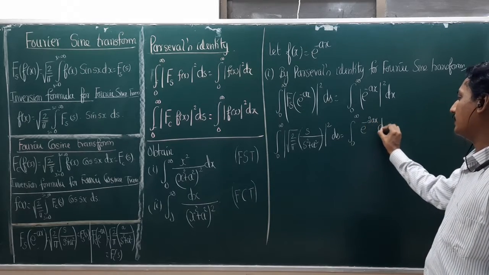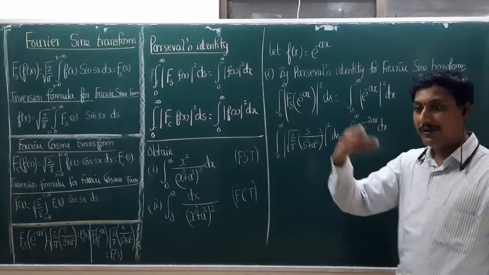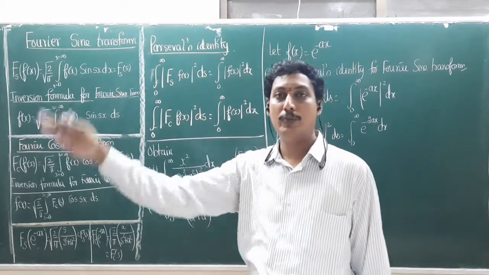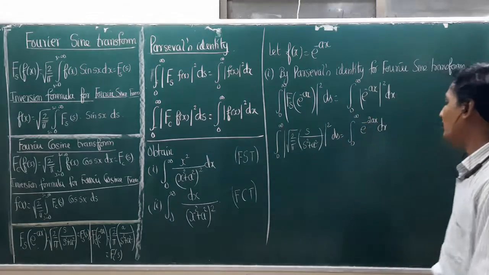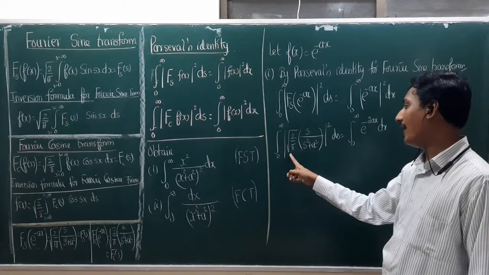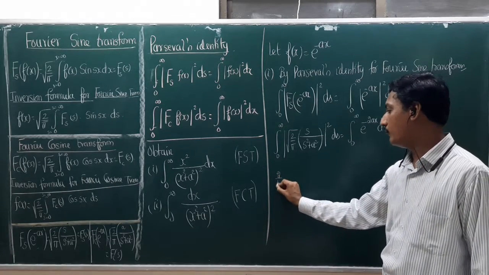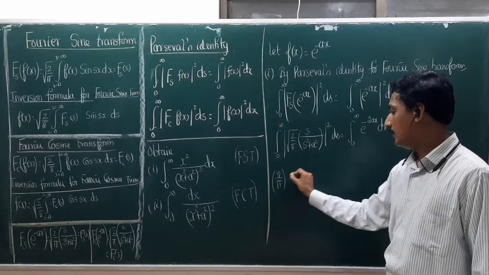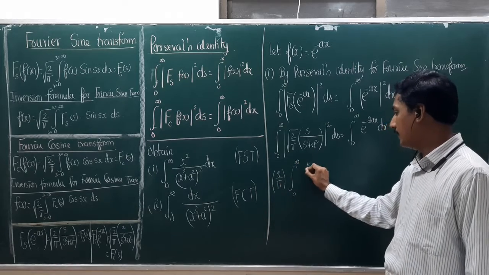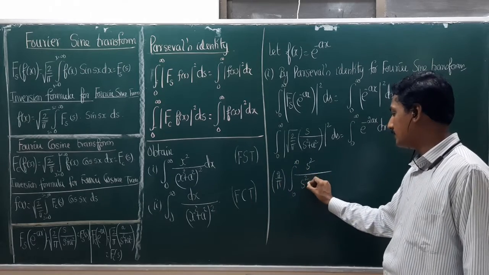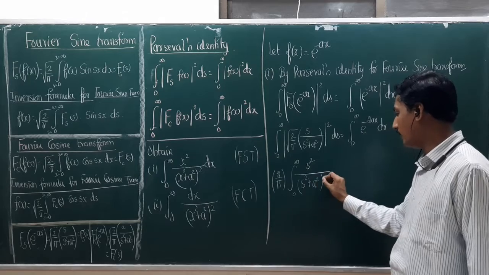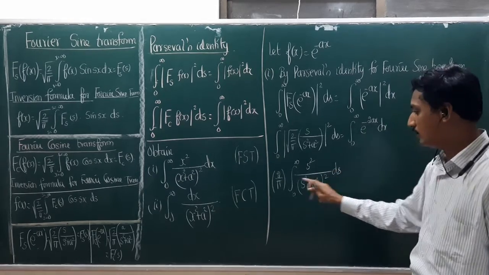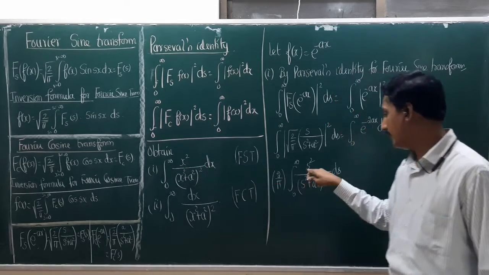Squaring the left side, root 2 by pi whole square is 2 by pi, so we get 2 by pi times the integral 0 to infinity of s squared by s squared plus a squared to the whole square ds. I think we almost reached the answer. Here x is the variable, here s is the variable.